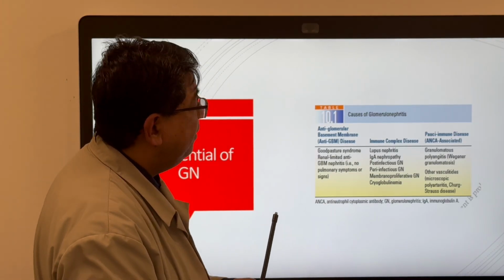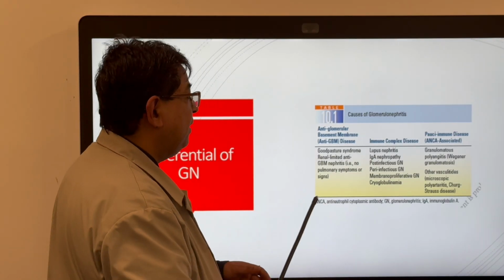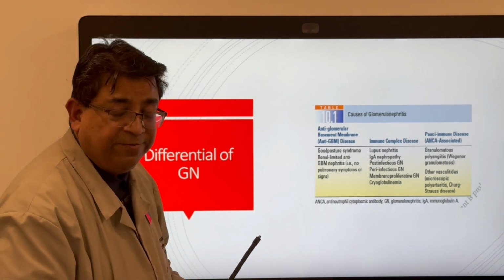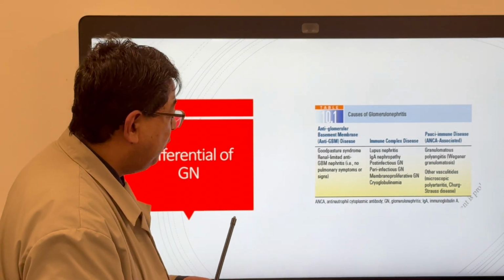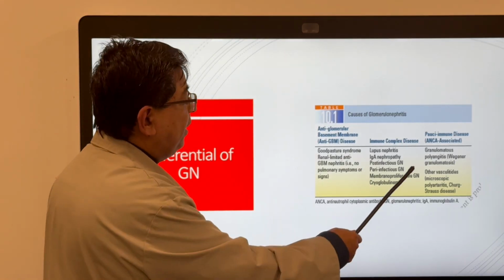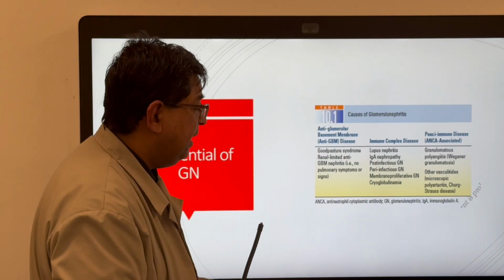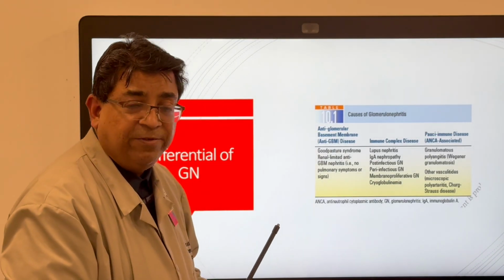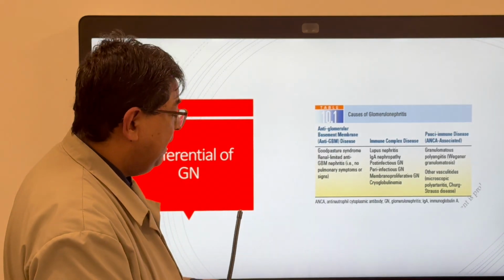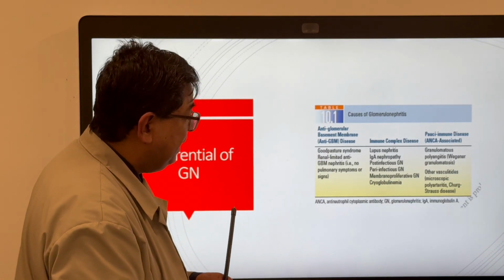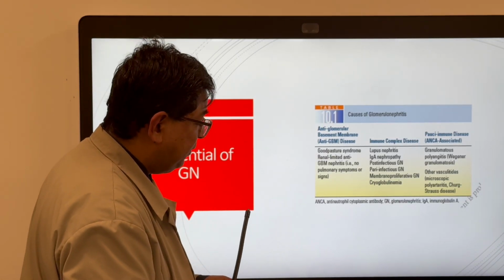Here, we're mainly thinking about granulomatosis with polyangiitis, previously known as Wegener's, but nobody calls it Wegener's anymore, or microscopic polyangiitis. And then Churg-Strauss is rarely seen, and that's where you have eosinophilia, asthma, and then certain organs are affected, including the kidney, lungs, and skin, etc.